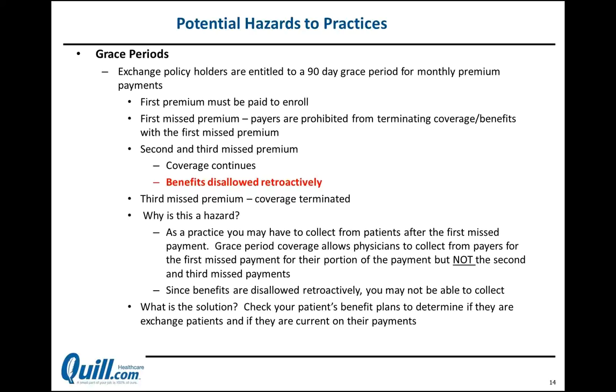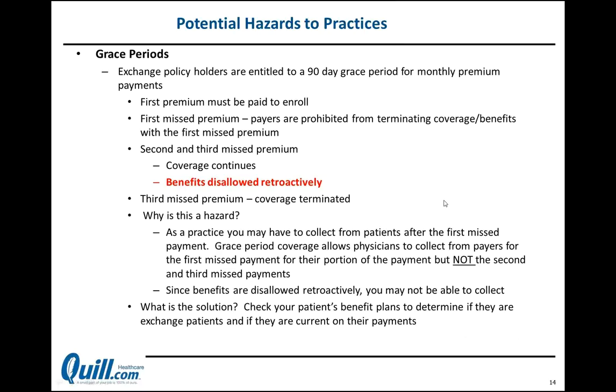And in red here, the benefit is essentially disallowed retrospectively. I highlight that one because this means that it can go right back to the very beginning of the period. So be very careful when it comes to payments to understand exactly where your patients stand relative to their payments.